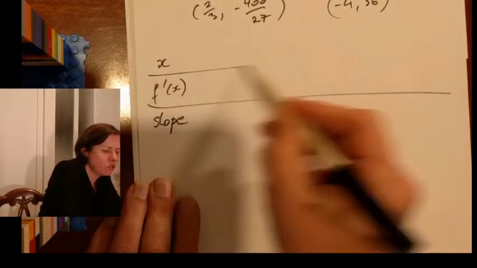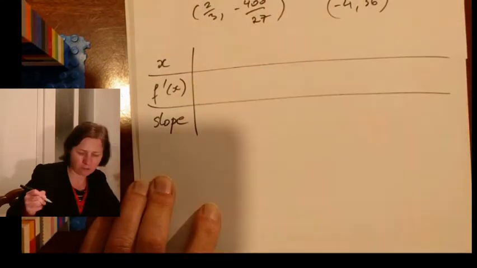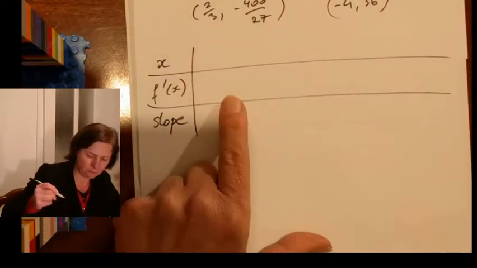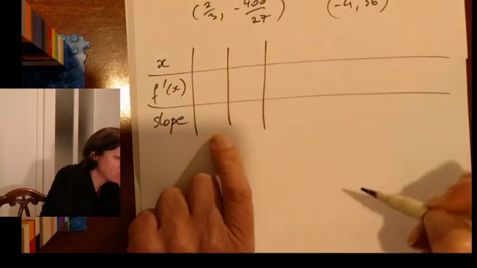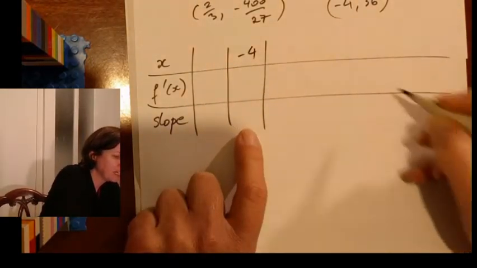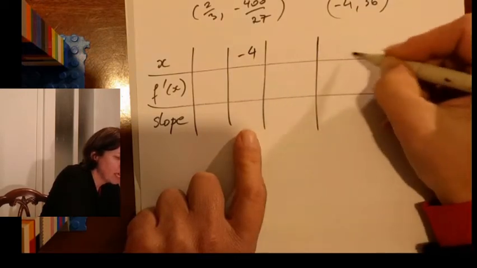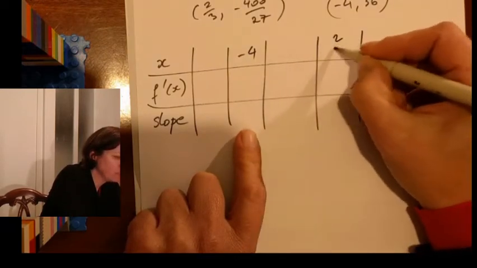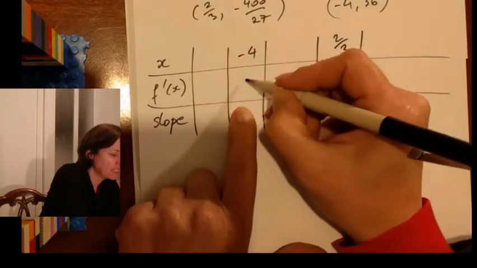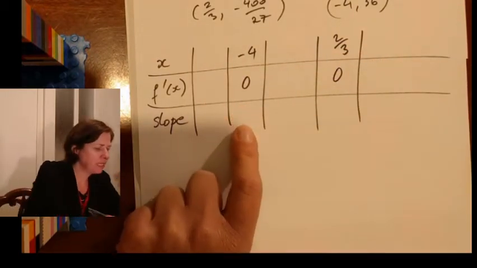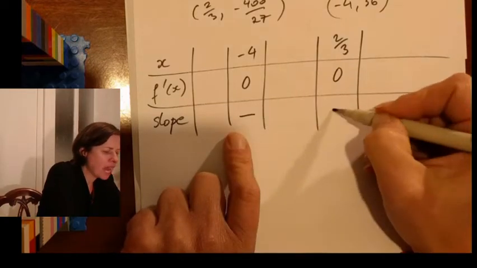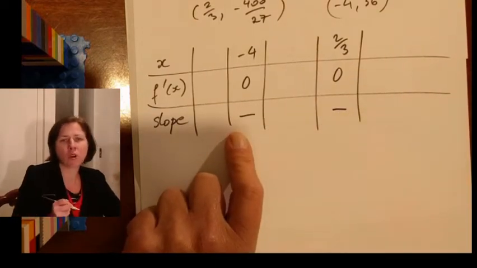And I'm going to do that at a few different places. I'm going to have my two actual stationary points in there when x is negative 4 and when x is 2/3. So I know that that's going to give me a gradient of 0 at those points, which means the shape of my slope is going to look more or less like that.